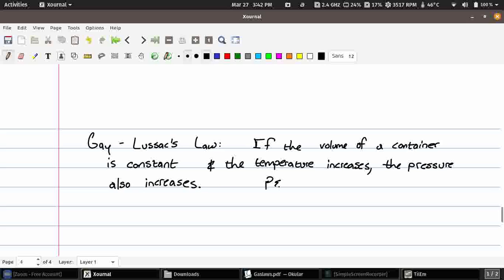So that means that P and T are directly proportional.